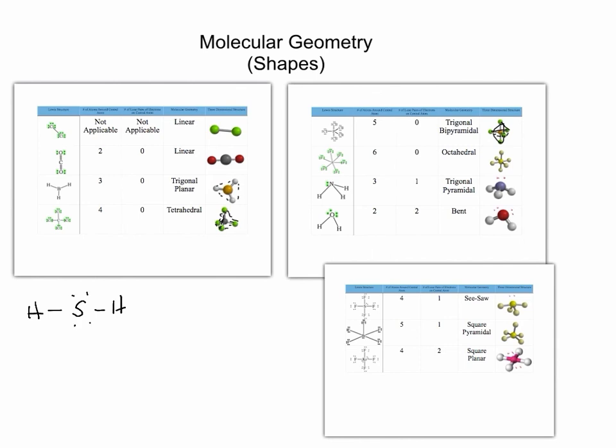Now when you draw a Lewis structure, you may not end up drawing it in the correct shape, which I purposely have not done because you don't know what the shape is until you finish the structure. So here we can see we have 2 atoms bonded to the center, and we have 2 lone pairs. So what has 2 atoms and 2 lone pairs? This is going to be bent.